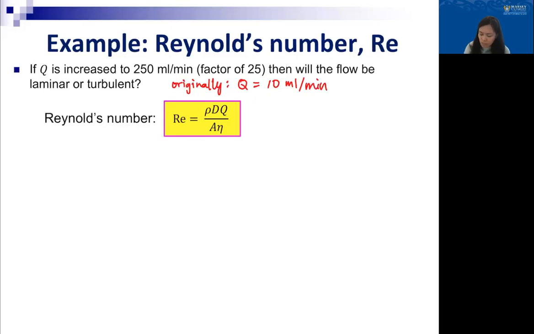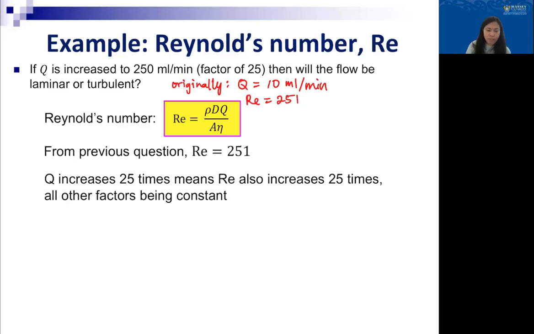So the Reynolds number when the flow rate was 10 was 251. Do you think it will be laminar or turbulent flow if we increase Q by a factor of 25? Right, turbulent, good. So we need to figure out what the new Reynolds number is. From the previous question, Reynolds number is 251.